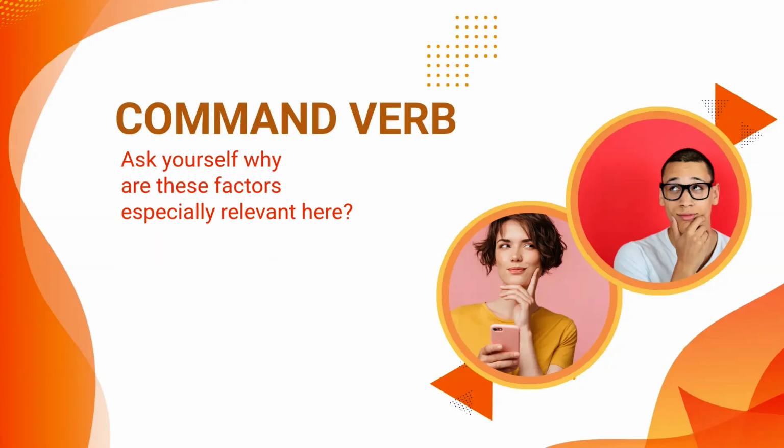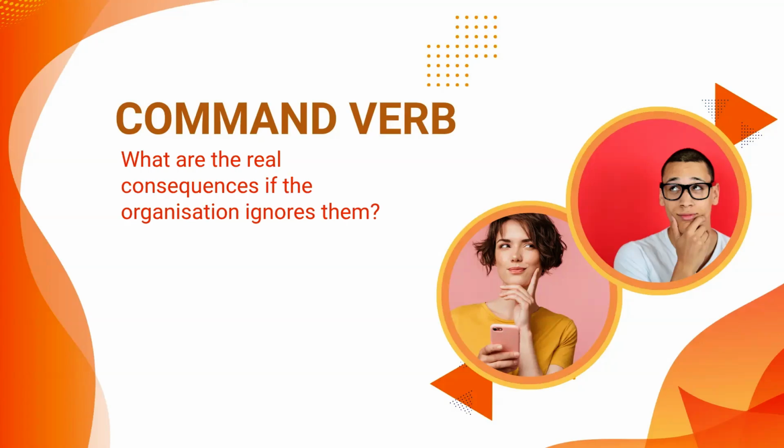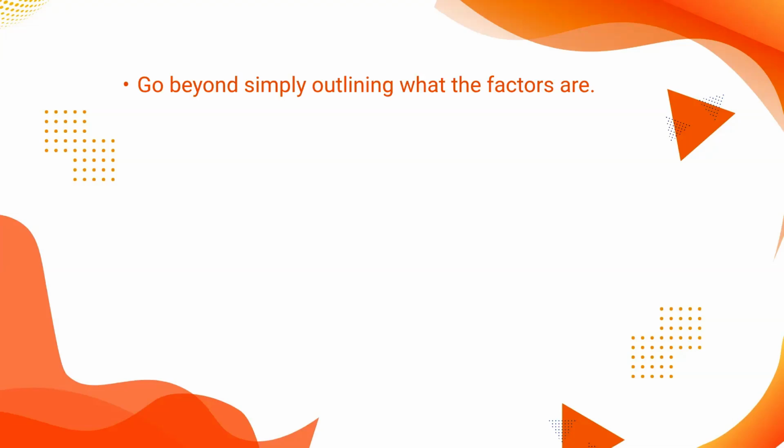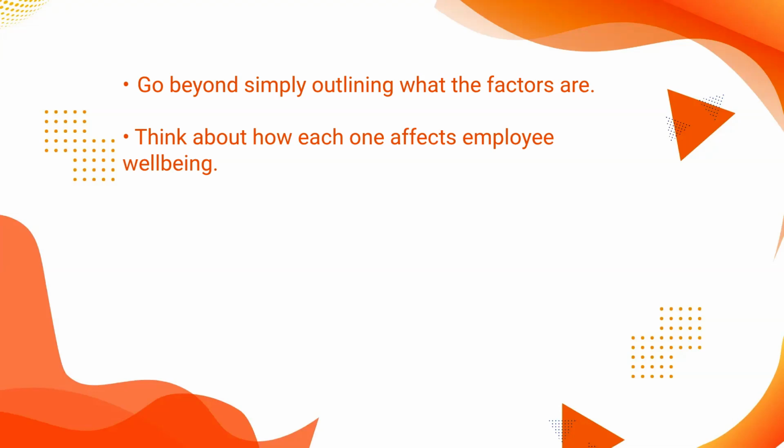Ask yourself, why are these factors especially relevant here? And what are the real consequences if the organization ignores them? Now, when you're making your judgments, you want to go beyond simply outlining what the factors are. Really think about how each one affects employee well-being. Use evaluative language.